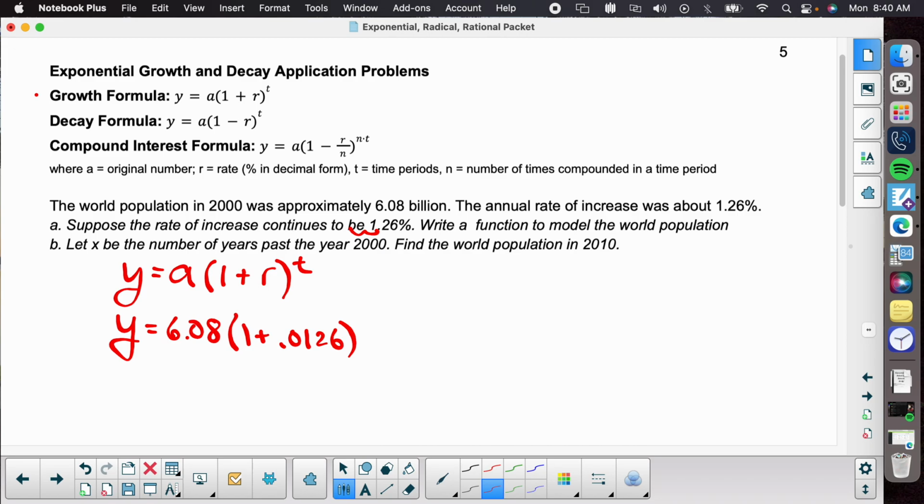And then the T stands for how many years. So this one says we started in 2000, planned population in 2010, so the number of years will be 10. No, just 10. Because if we start counting in 2000, 2010 would be 10 years later. Okay, Hayden, that is what we type in.